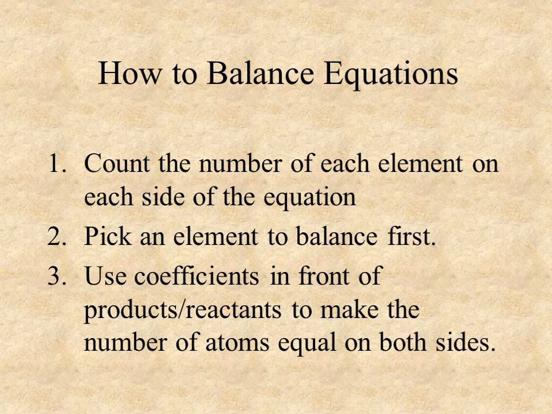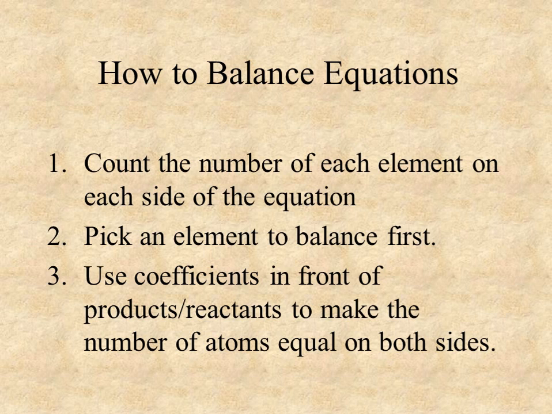If you have an existing amount that is like an even-odd combination, 2 on one side, 3 on the other, then you'll need to resort to using the least common multiple of those two numbers. So in the case of having 2 on one side and 3 on the other, you're aiming for 6 atoms of that element on both sides of the equation, and you would use the respective coefficients in front of the formulas that would give you that total number of 6.